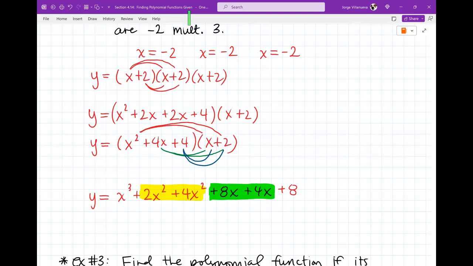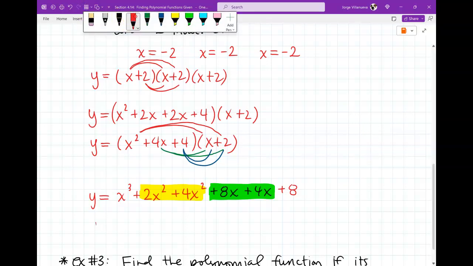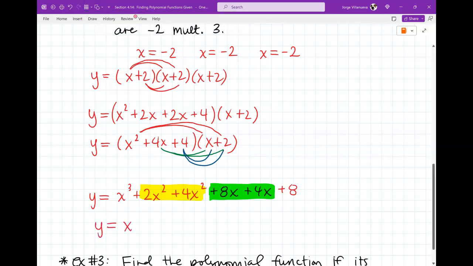So don't think like, oh, it's always these 2 and these 2. Like, no. Pay attention to the powers, right? Square terms are like terms. First power terms are like terms. So my answer is going to be y equal to x cubed plus 6x squared plus 12x plus 8.